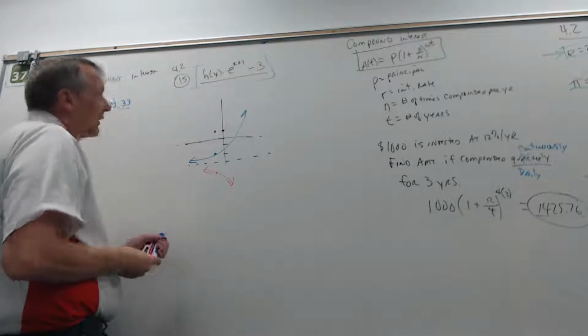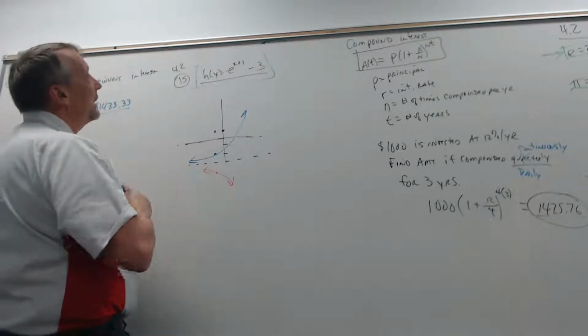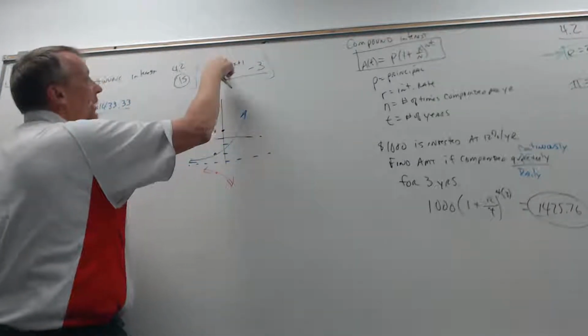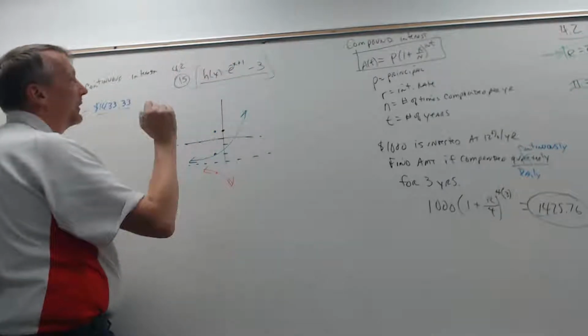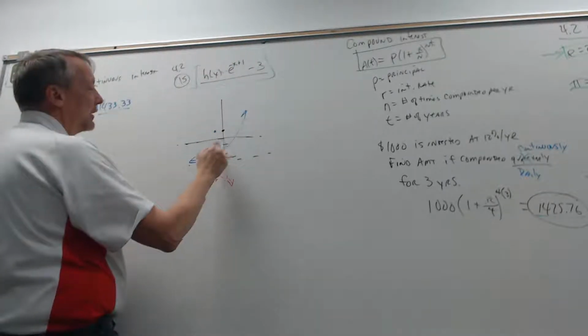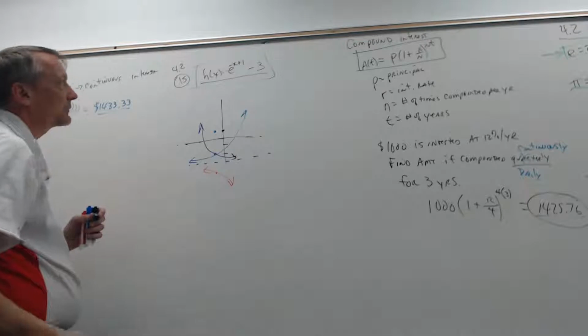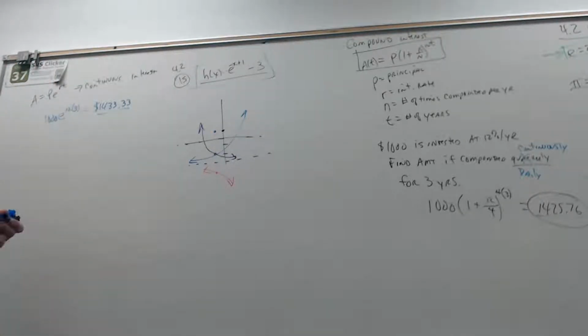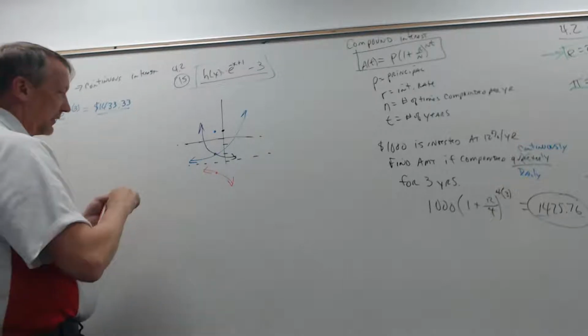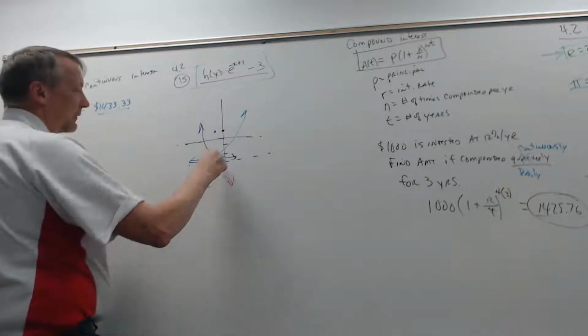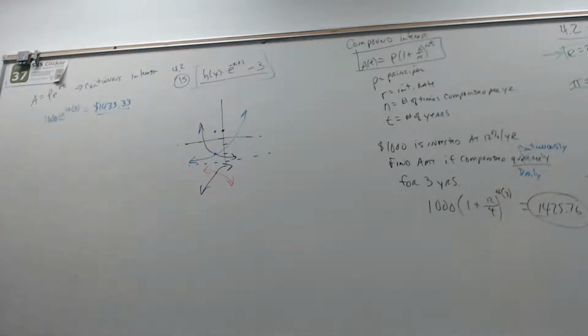If it was here, so I'm going to ignore the red for a minute, what does that do to it? Flip it across the y-axis. Now if I did both the red and the purple, then it's going to flip it this way. Okay?